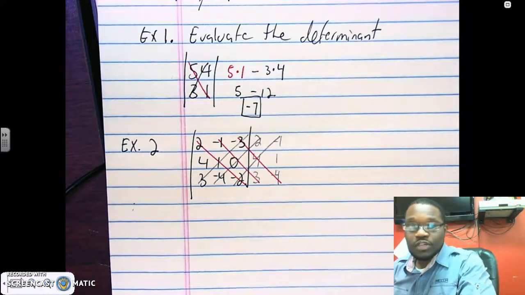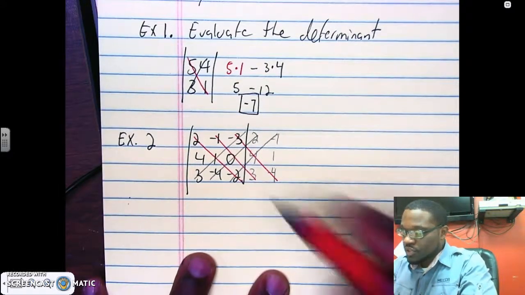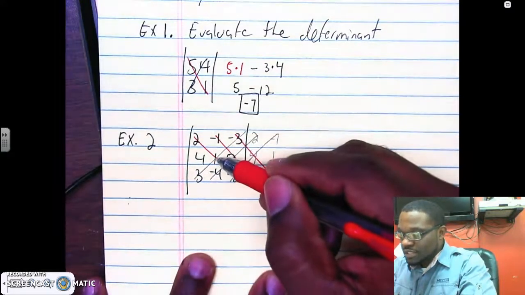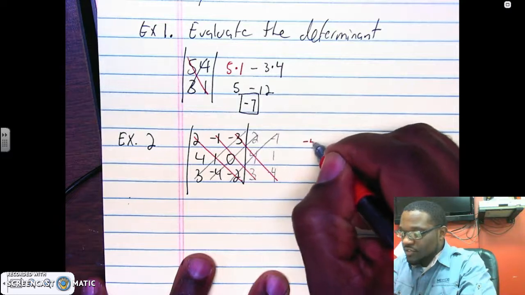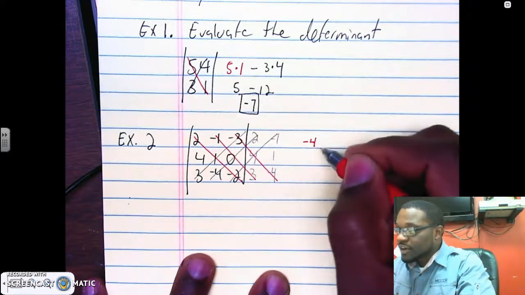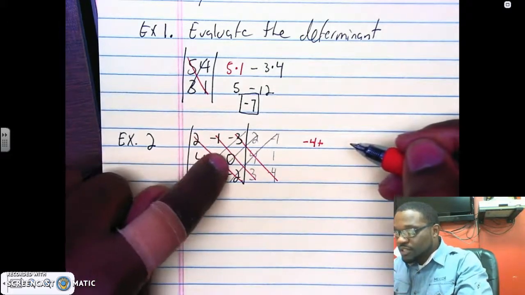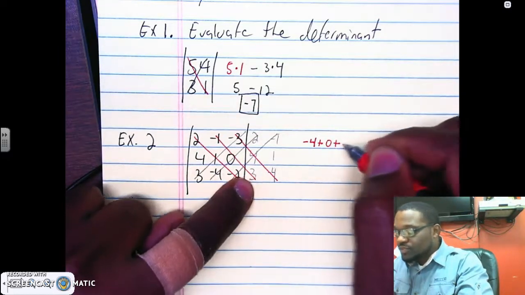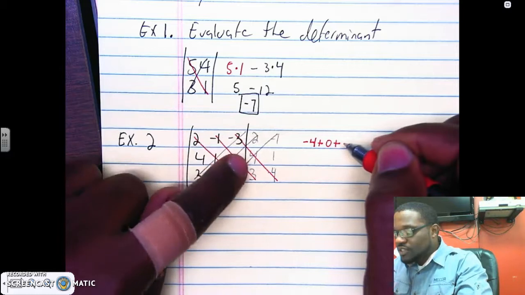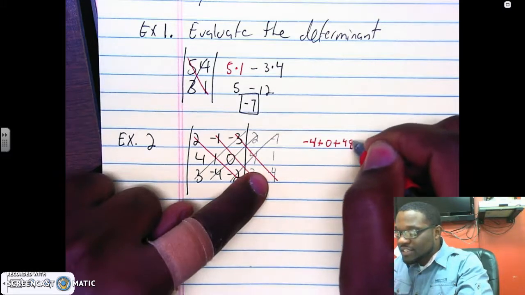So I'm going to take all the ones in the red ink and multiply those. So 2 times 1 times negative 2, that is negative 4. And I'm going to add that to negative 1 times 0 times 3, which is 0. And I'm going to add that to negative 3 times 4, which is negative 12. Negative 12 times negative 4 is positive 48.